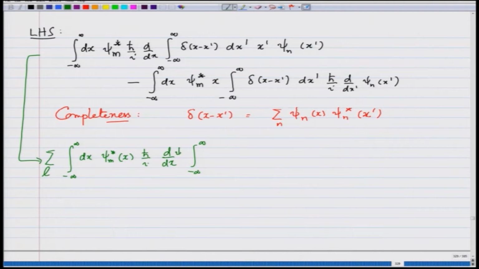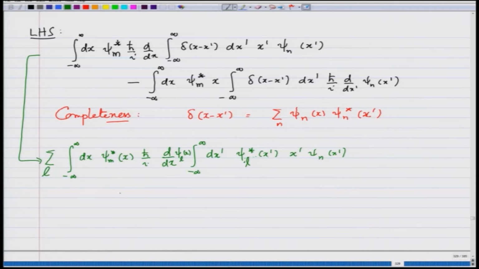I can write psi l x outside, because inside the integration it does not really matter, and then I am going to write psi l star x prime psi n x prime. That is the first term.